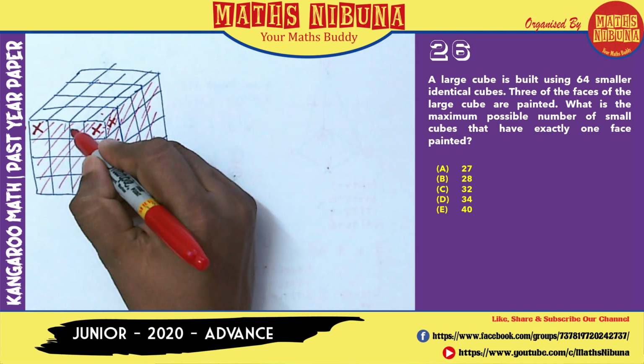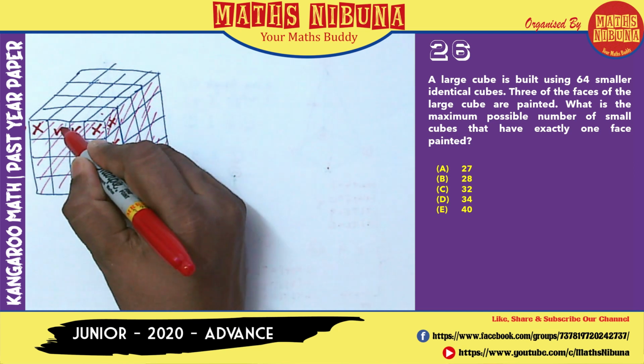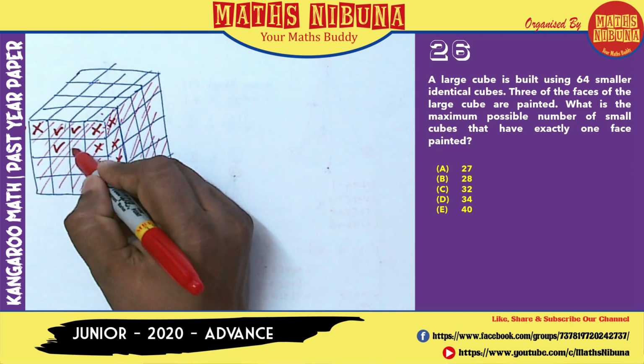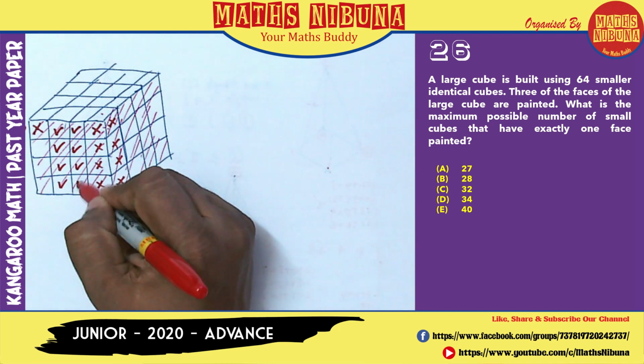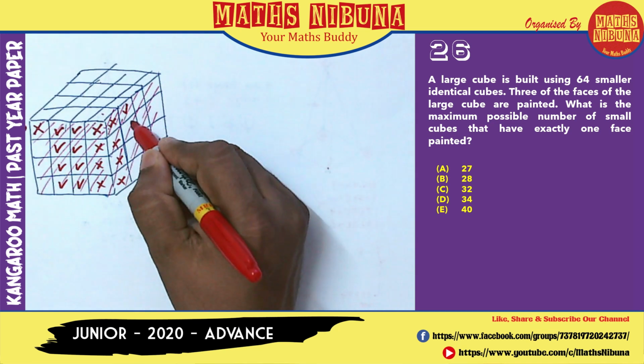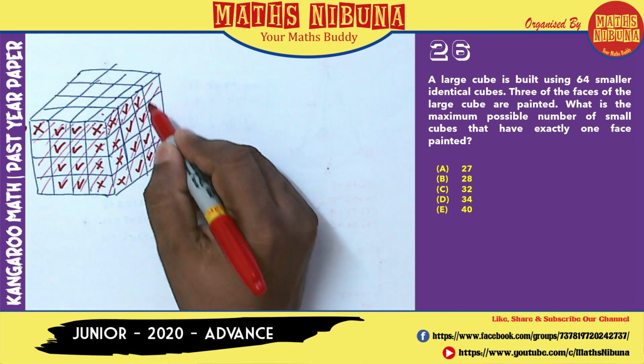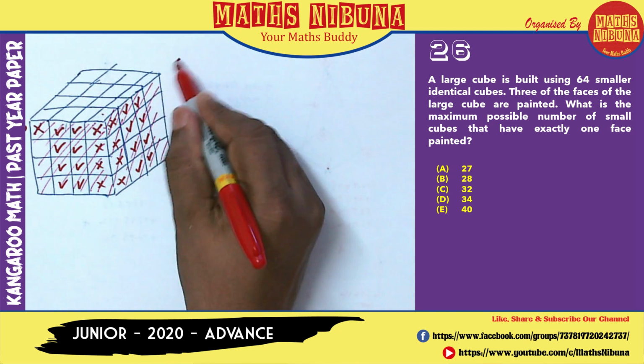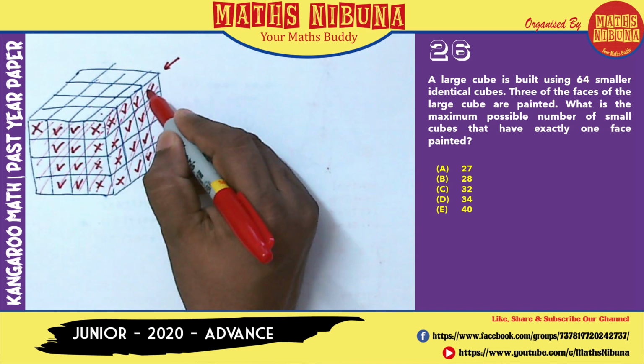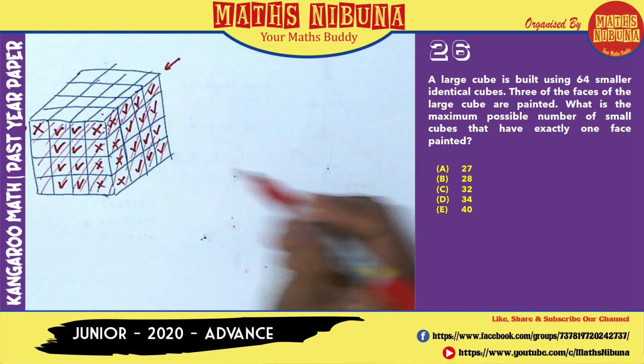This one is one side painted, this one also, this one also. This one all can, all one side painted. Now this one is painted here, but at the back we never painted, so this one also has one side painted.